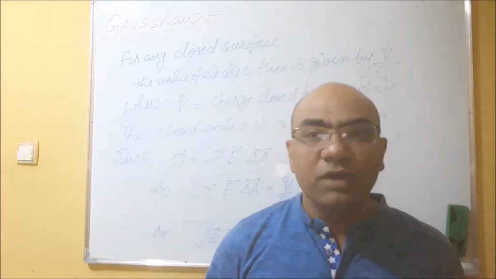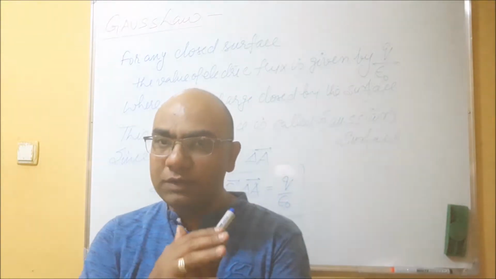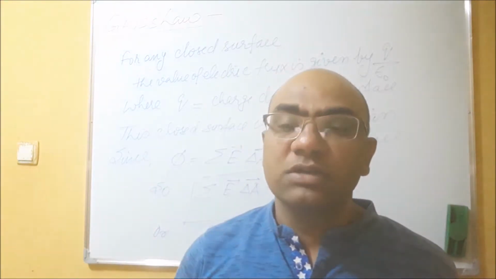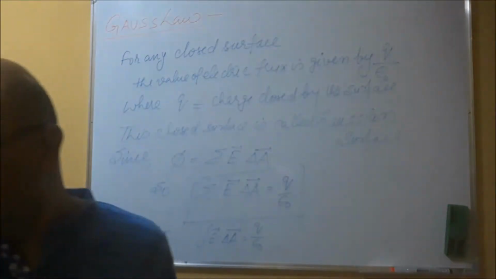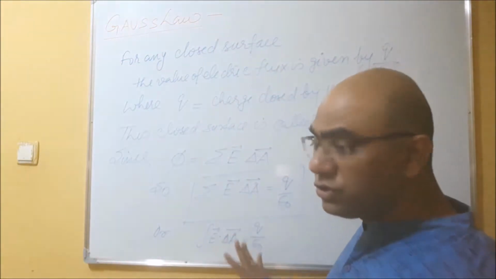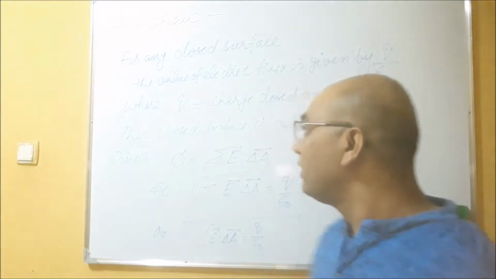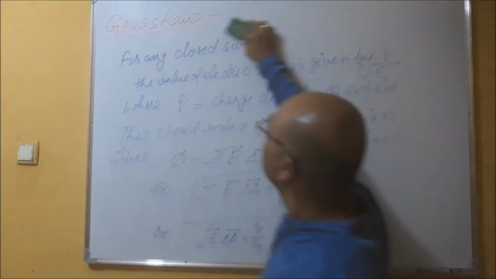Now, this is theoretically what Gauss law is. Let us see where we can apply the Gauss law first, and then we will solve some particular surfaces with the help of Gauss law. Gauss law is true for a closed surface.